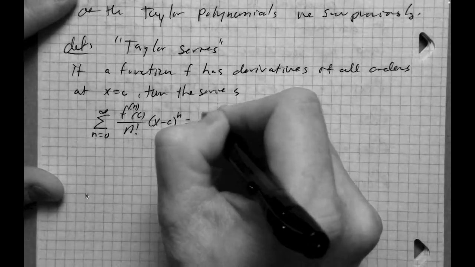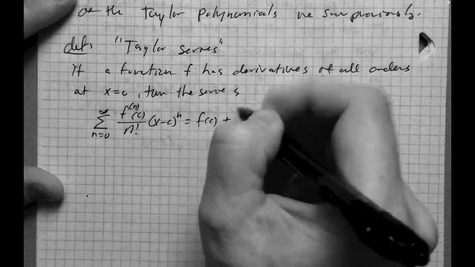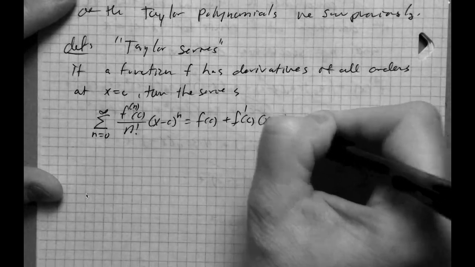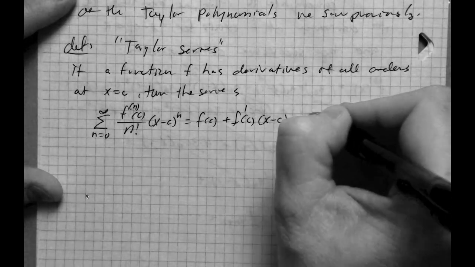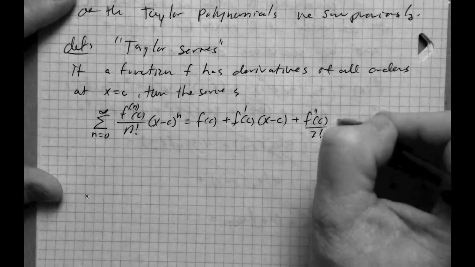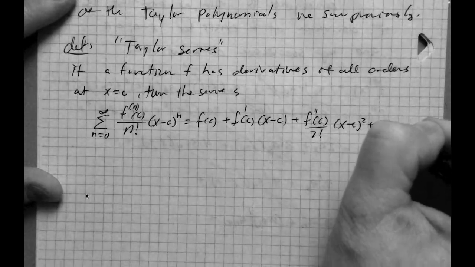So this is equal to f of c plus f prime of c times x minus c plus f double prime of c over 2 factorial times x minus c squared, plus so on.